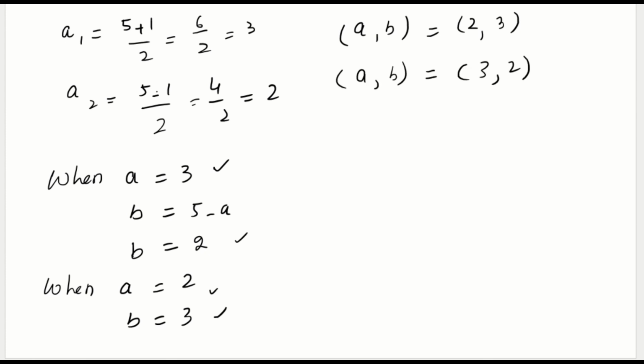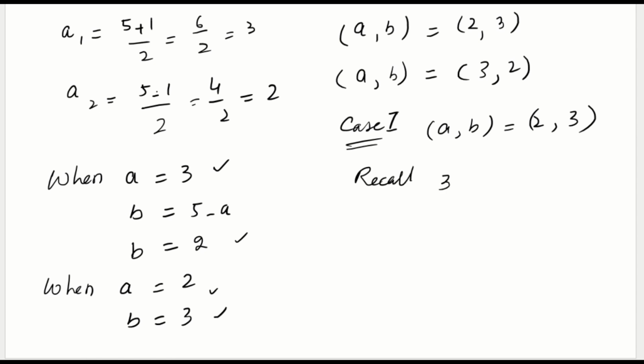We will take two cases. For case 1, we will use a, b is equal to 2 and 3. So recall our substitution. Don't forget about that substitution. That was 3 raised to the power n over 3 is equal to a, and 2 to the power n over 3 is equal to b. We will plug in the values of a and b here.